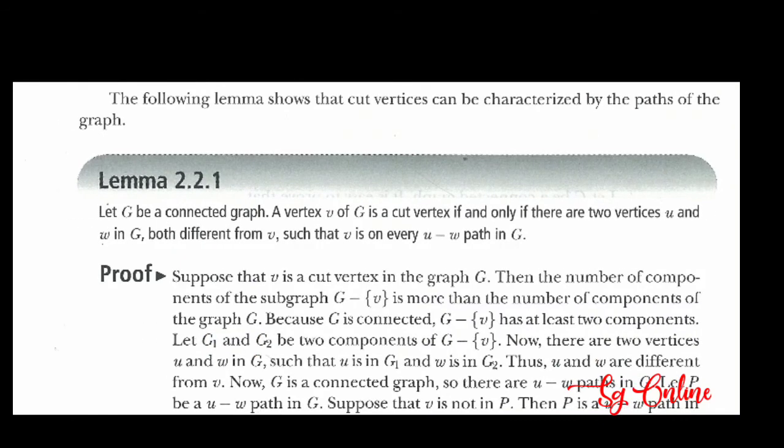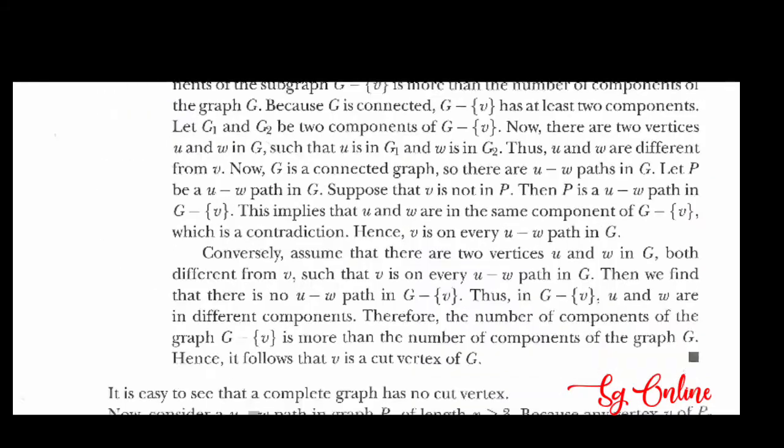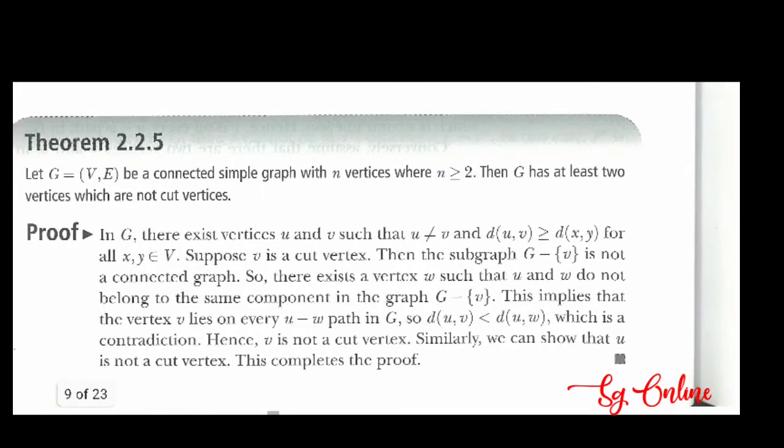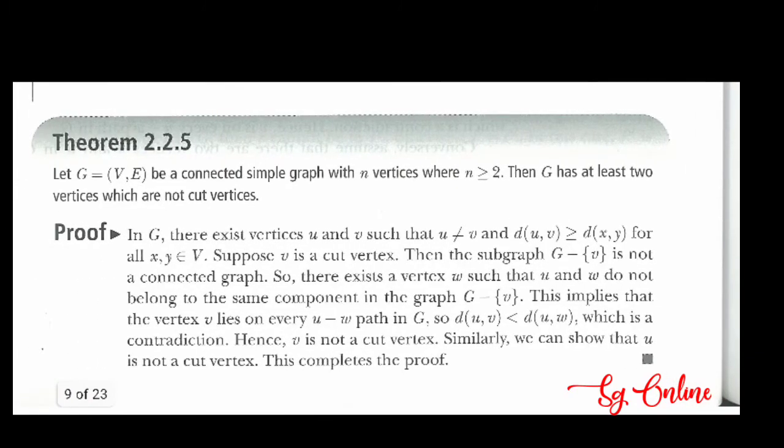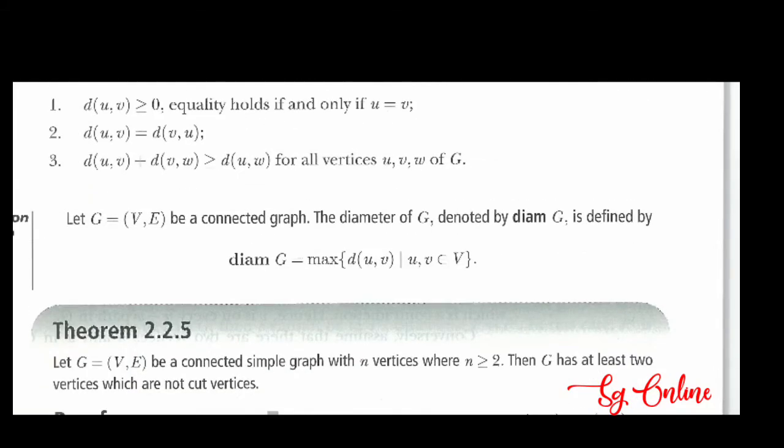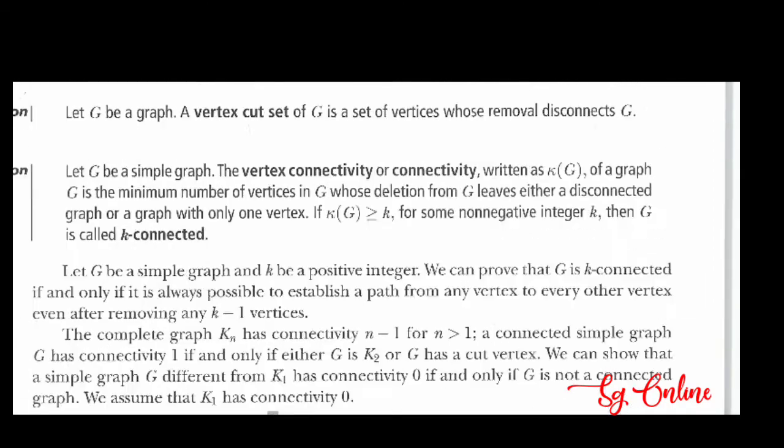Then we got the result which characterizes cut vertices: a vertex is a cut vertex in a connected graph if and only if there are two other vertices U and W such that that cut vertex lies within every UW path. And after this result, we proved that if G is a connected simple graph, then G has at least two vertices which are not cut vertices. So that is another result.